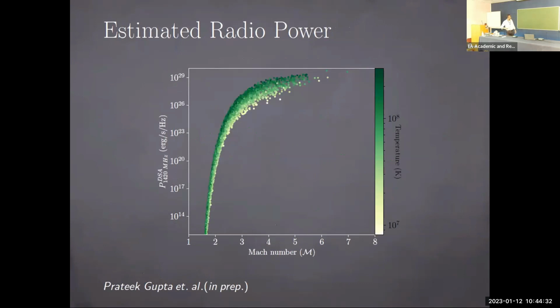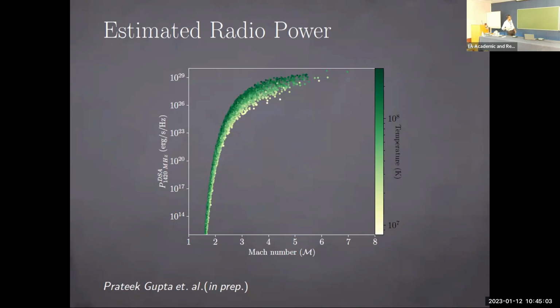And one more thing for the radio emission: this radio emission is actually computed for each shock cell. Those shock cells are taken from our simulation of a 10 to the power 15 solar mass galaxy cluster, within the radius R2000, where the overdensity is equivalent to 2000.